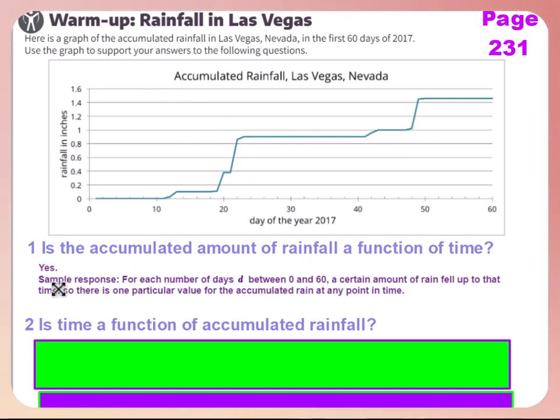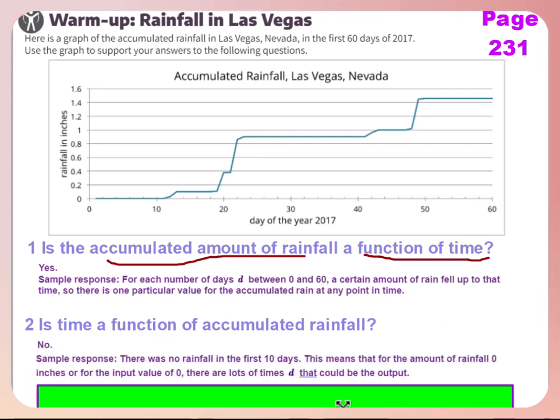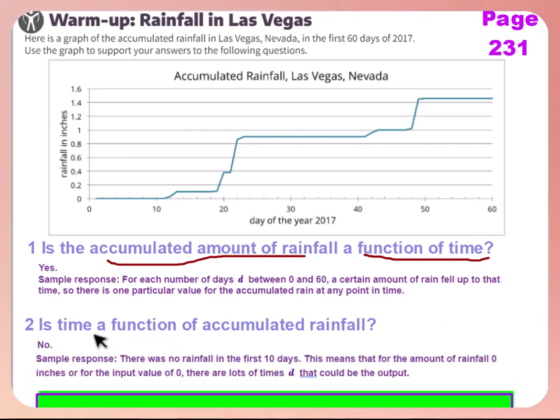All right, remember, y is always the output, x is always the input. So is the rainfall a function of time? So the answer is yes. Is time a function of rainfall? No. Okay, time is not a function of accumulated rainfall. There was no rainfall in the first 10 days.